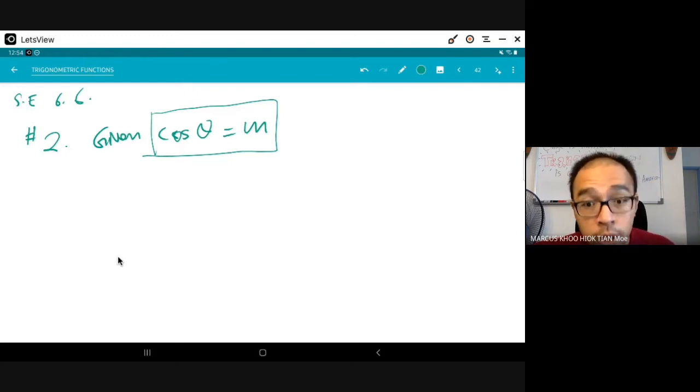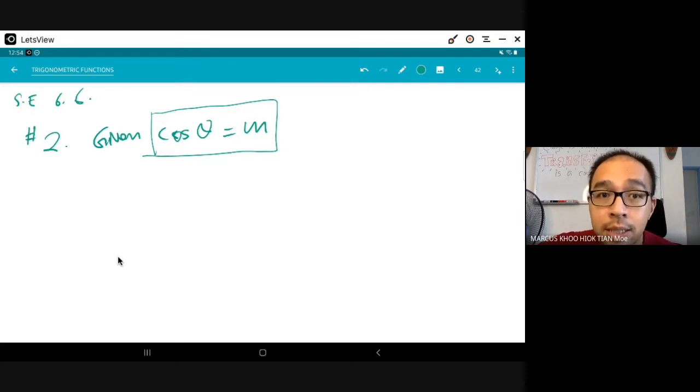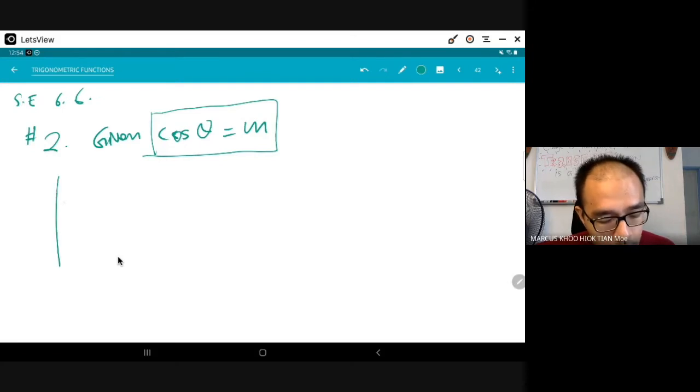There is more than one way to answer this. Sorry, I need to tell you that there is more than one way to answer this. So the original way I taught you to answer is to find the right angle triangle. So let's say this is the right angle triangle, and here is theta.